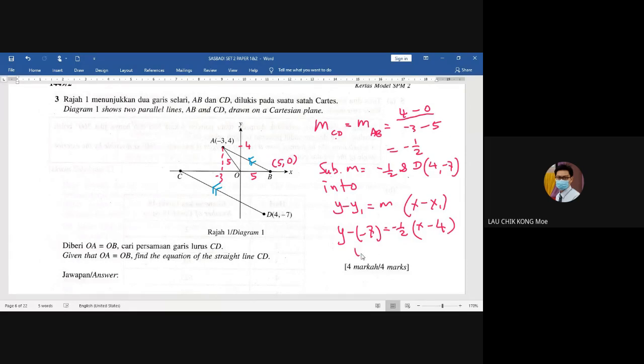Okay, so you will get Y equals to -1/2x minus 5. So the y-intercept is -5. Ya, ini maksudnya di sini -5 lah. Okay, so that is the answer for question number 3.